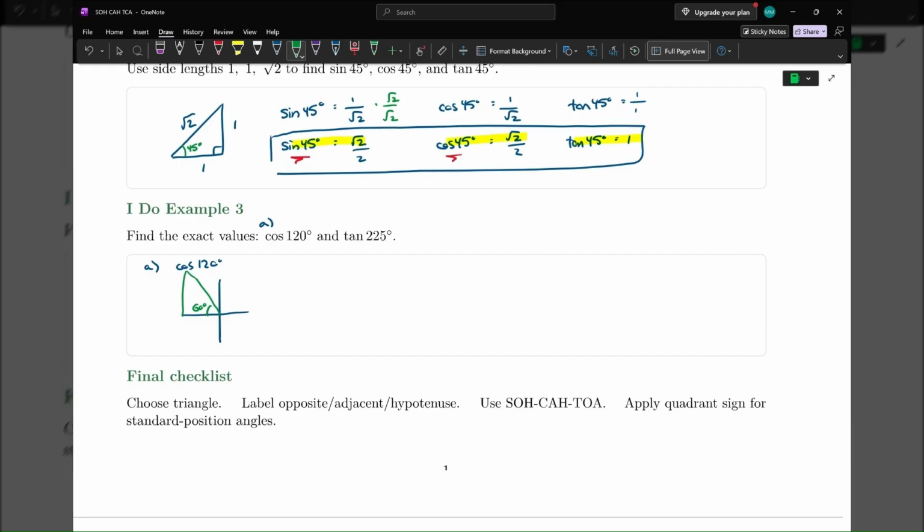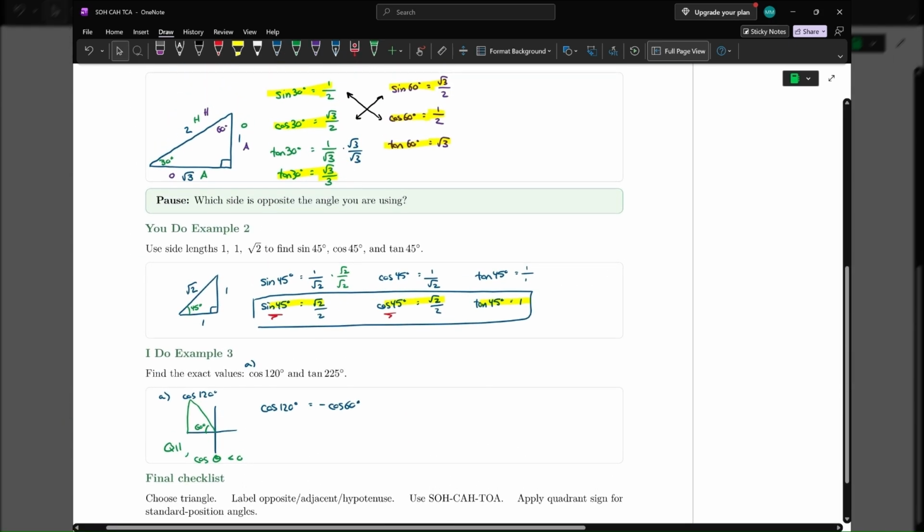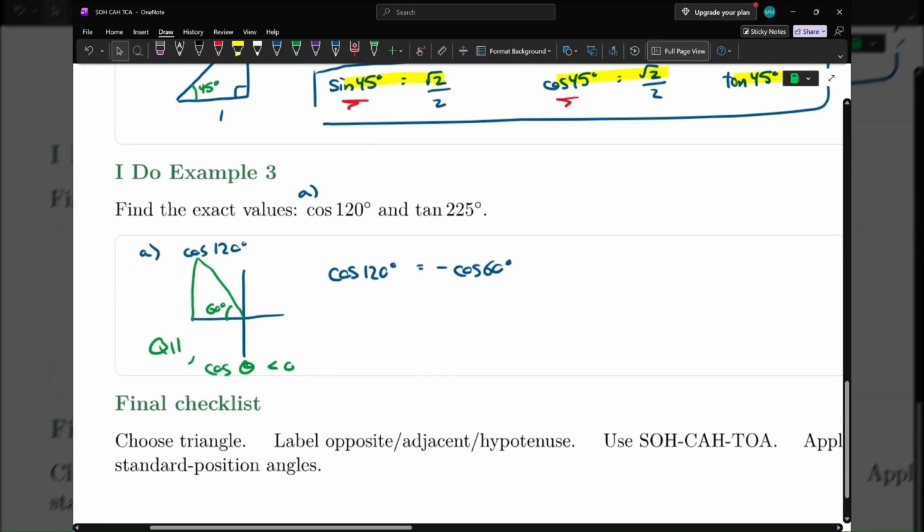Cos 120 is basically the same as cos 60, but I'm in quadrant 2, so cosine is negative. So cos 120 is equal to negative cos 60. And remind ourselves, cos 60 was 1/2. So cos 120 is equal to negative 1/2.